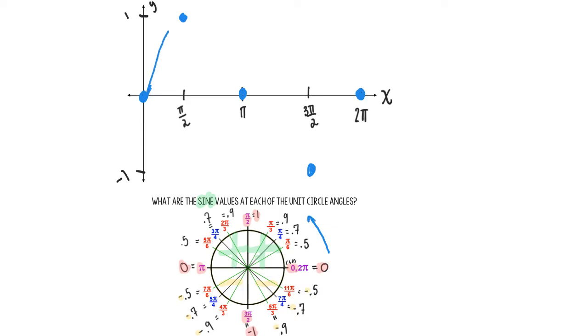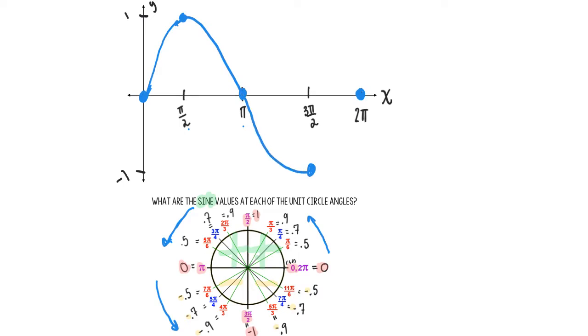So it's all approaching this 1 value. As it goes from pi over 2 to pi, the numbers start decreasing again. So they go from 0.9 to 0.7 to 0.5. So we know that it would go down.